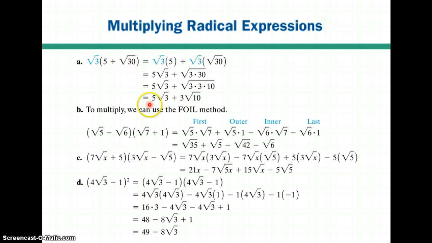So we have 5 times square root of 3 plus the square root of 9 is 3 times square root of 10. Because the radicands are not equal, we cannot add them further.